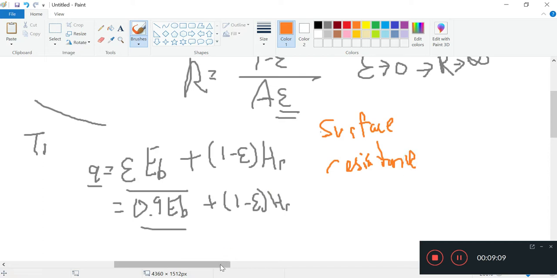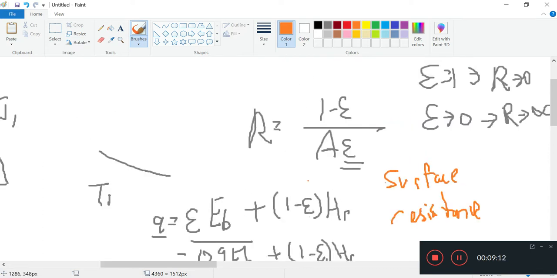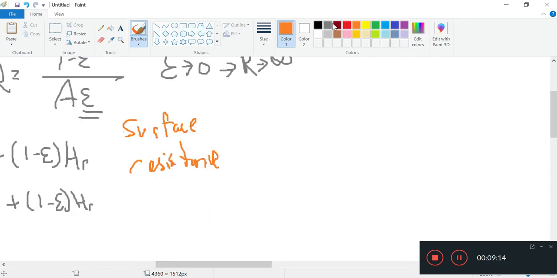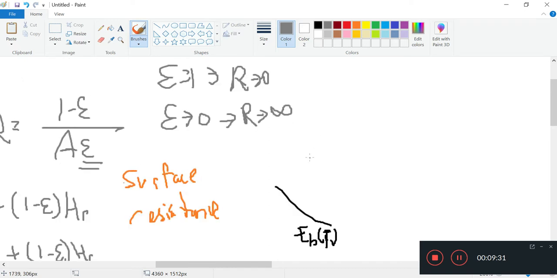Surface resistance. And how can we imagine that? Well, let's say you have a black body here with some black body emissive power, EBT, based on the temperature. Now if you have an actual gray surface that prevents heat from going off, you can imagine putting a layer of shield here. The heat is trying to come off this surface, but some of it is getting bounced back by this shield layer.